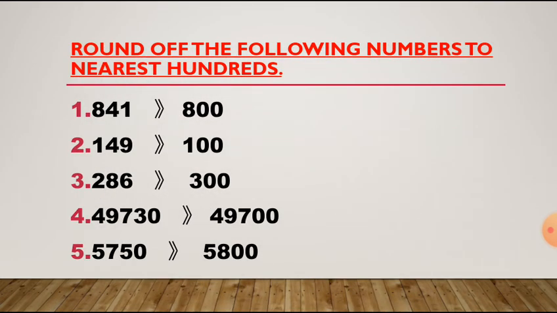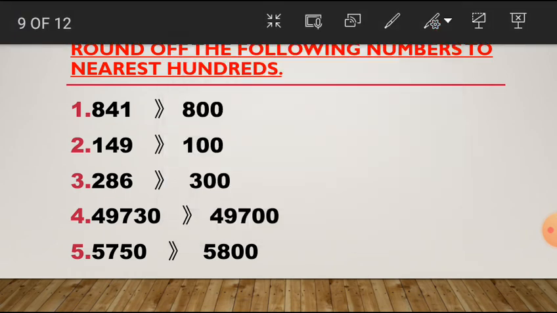Okay, now we will discuss some more questions. Look at this question. Round off the following numbers to the nearest hundreds. Here the number is 841. So here we have to round off to the nearest hundreds. So which place digit we have to check? Yeah, we have to check the digit in tens place, and that is 4 here. 4 is less than 5, isn't it?